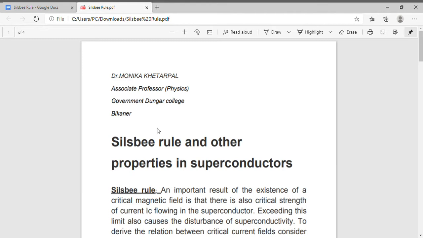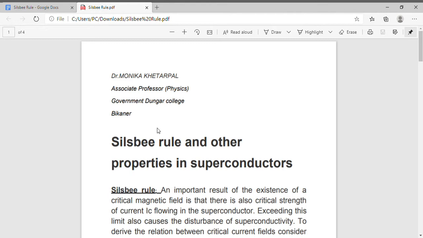We were discussing superconductivity. In my previous lectures, we have described what superconductors are and their important phenomena. We have also discussed critical magnetic field. Critical magnetic field is the value of magnetic field that is needed to destroy superconductivity.